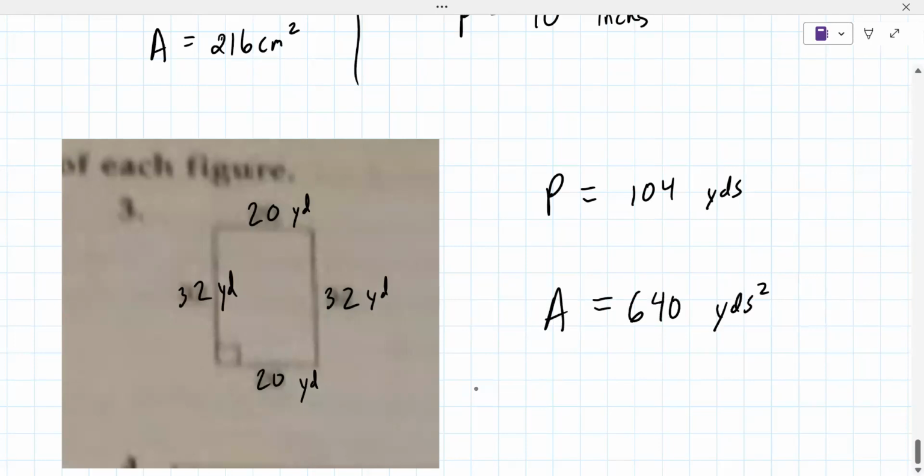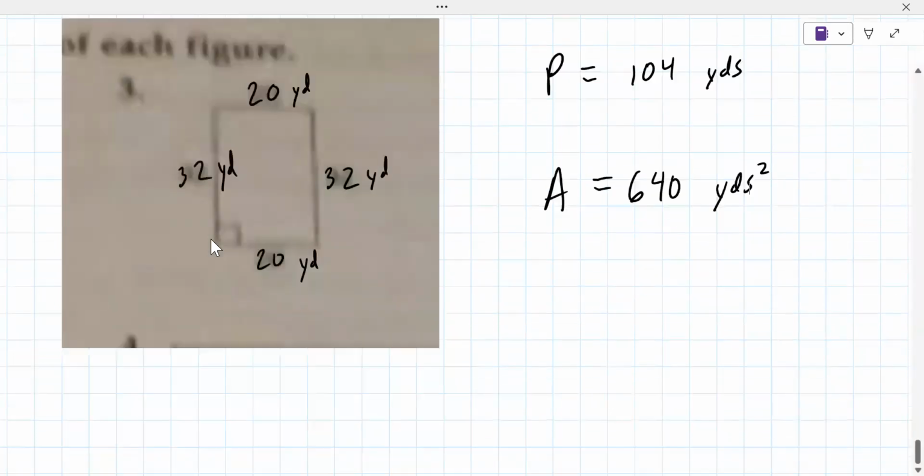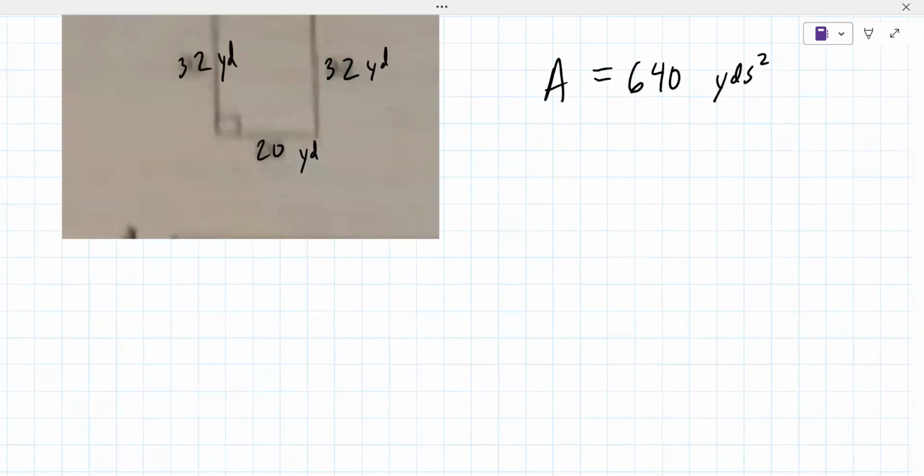Forgot that part. Area keeps the squared. Good. It was the dividing by 2 that we didn't do, not adding the squared. So whatever you see, you have to be able to work with.